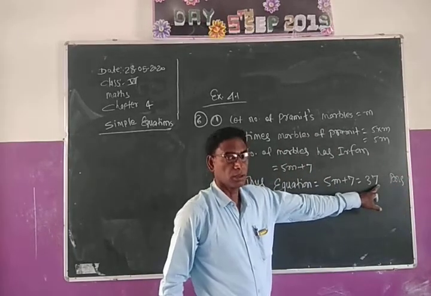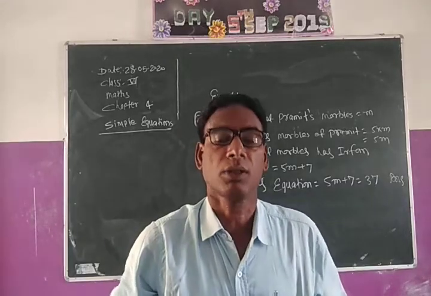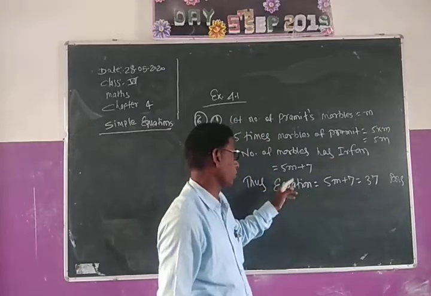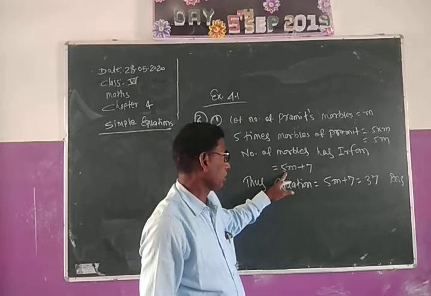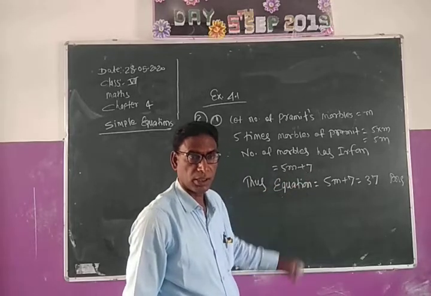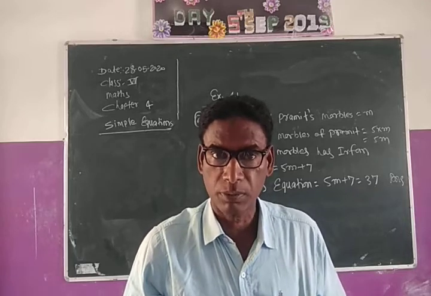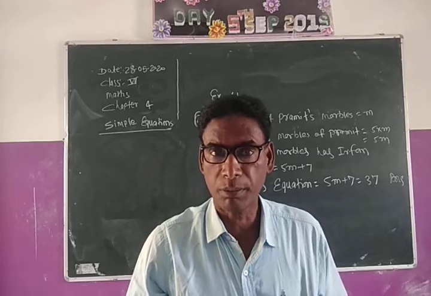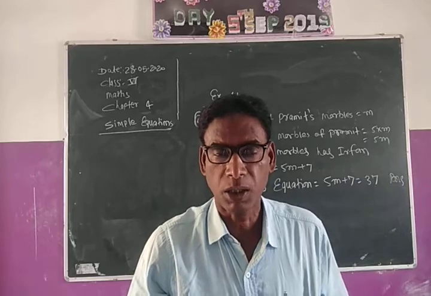What is 37 saying? 37 says that Irfan has 37 marbles, and according to the question, 37 is equal to 5 times the marbles which Pramit has, and 7 added means 7 more than 5 times the marbles of Pramit is equal to the number of marbles of Irfan, and Irfan has only 37.